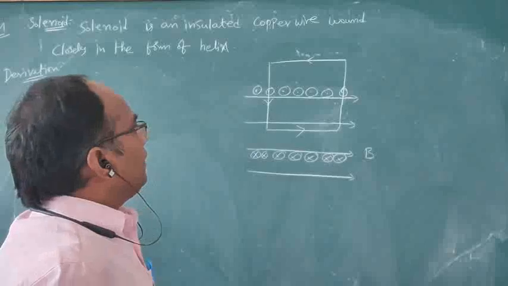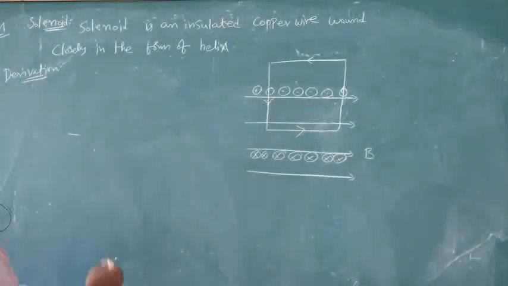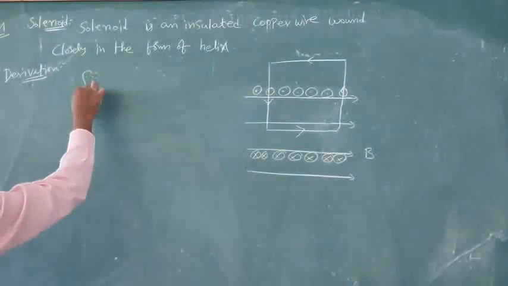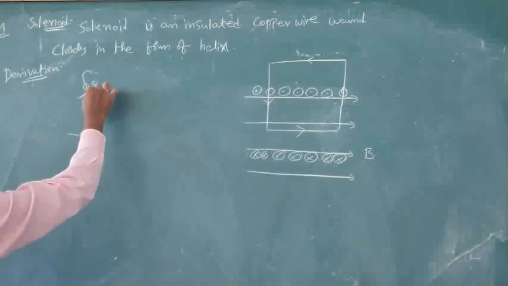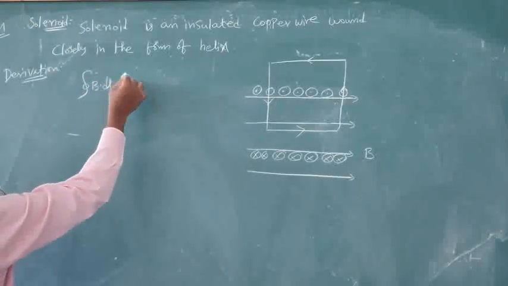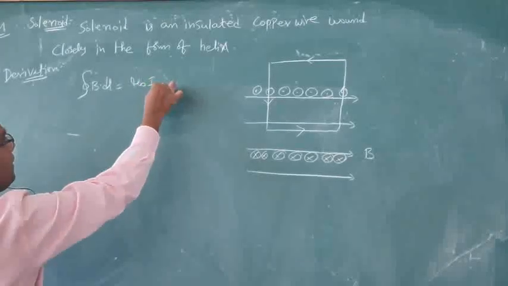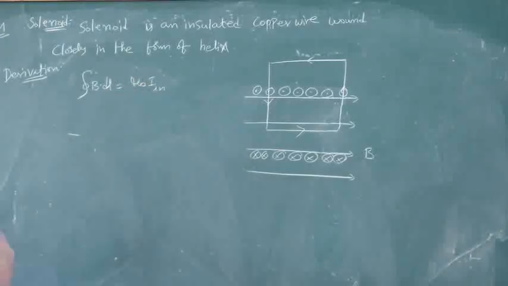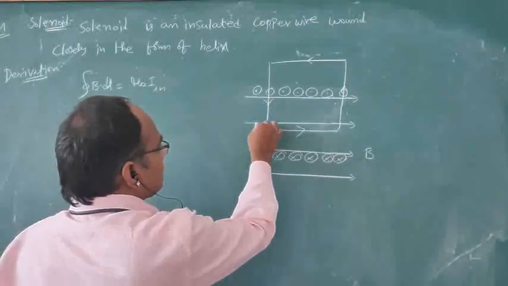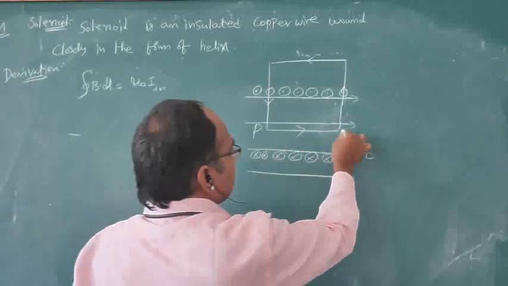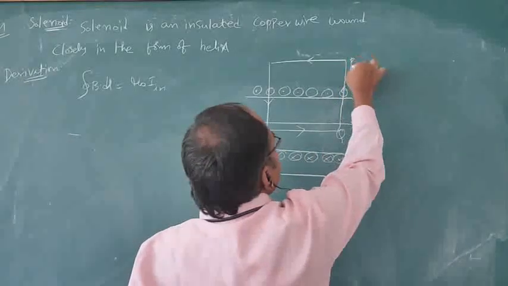Now what is the formula we had studied in Ampere's circuital law? Integral of B dot dl is equal to mu naught into current I in. That's it.